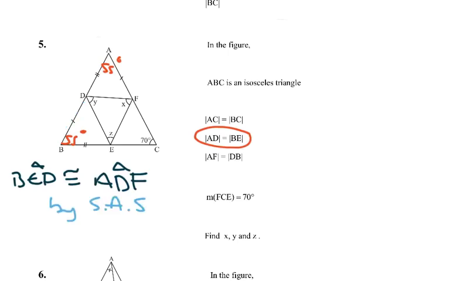If they're congruent, then it means that DE is going to be equal to DF, meaning that DFE is isosceles and that X must be equal to Z.